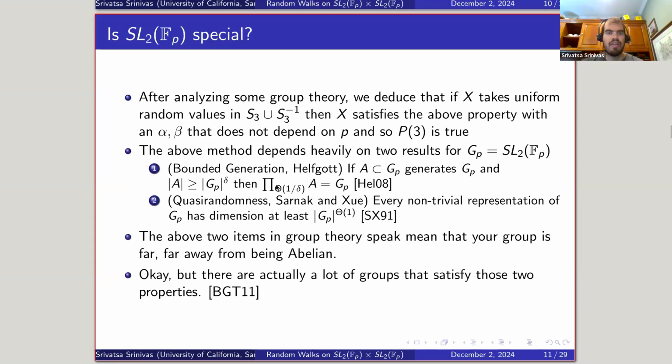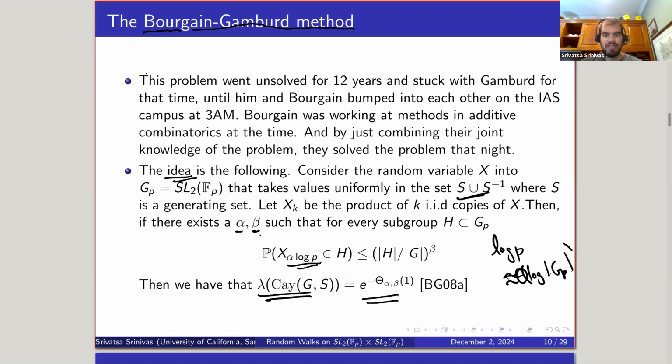Okay. So is SL2Fp special? After analyzing some group theory, we deduced that, okay, so now if we take this random variable x, which takes uniform random values inside this set, then we note that x satisfies this property over here.